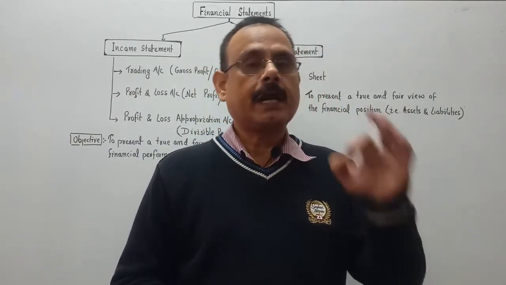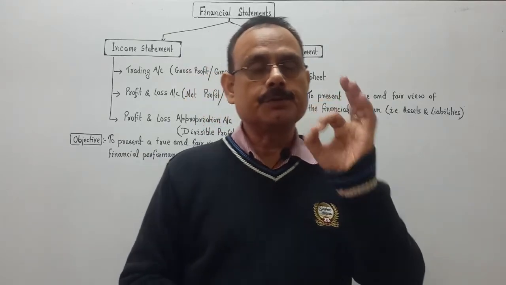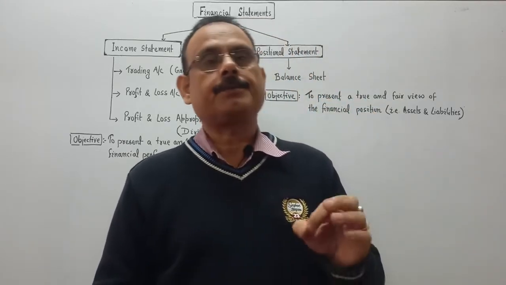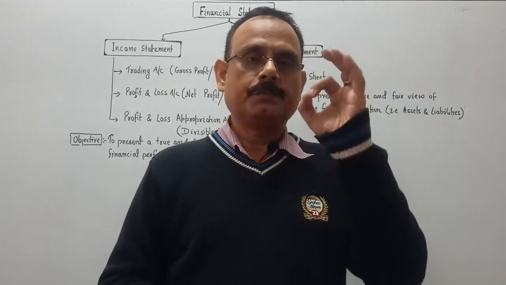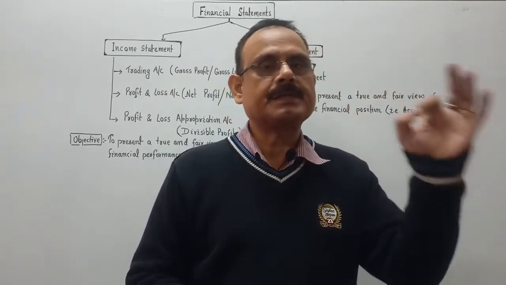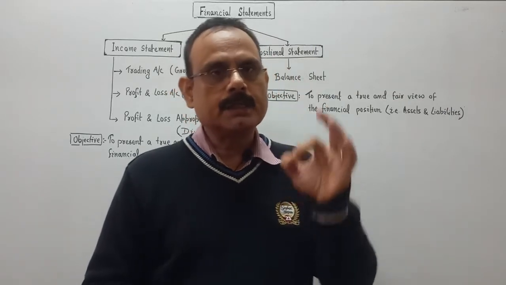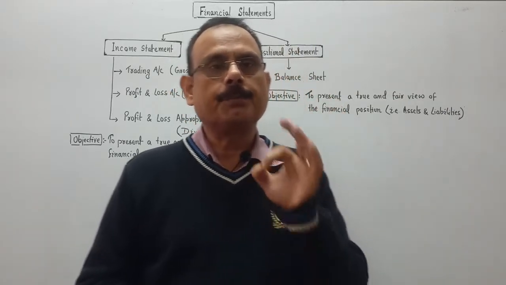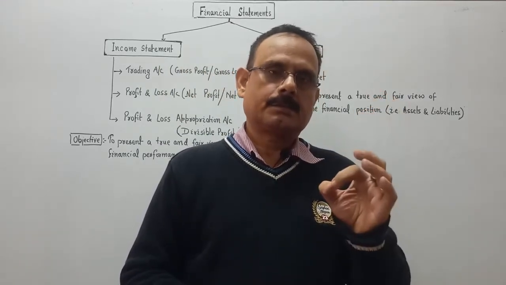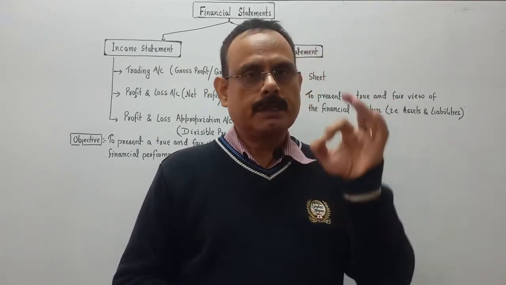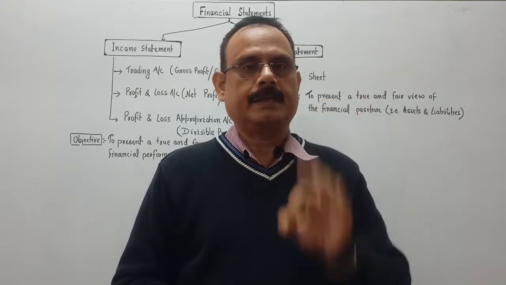As well as we have to know the financial position of the business, we have to know the net worth of the business, financial position, how much assets the business has and what are the liabilities the business has to pay. So this process, the last one, is called summarizing.